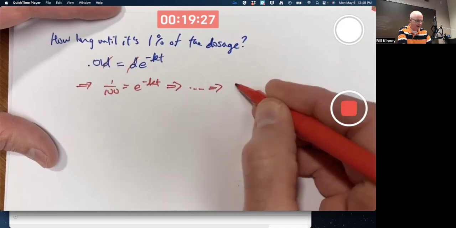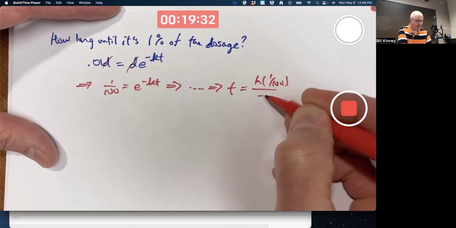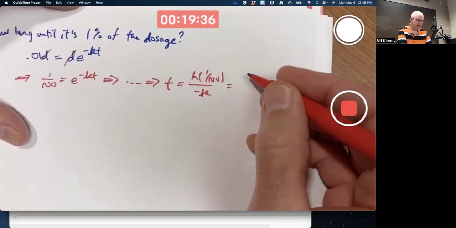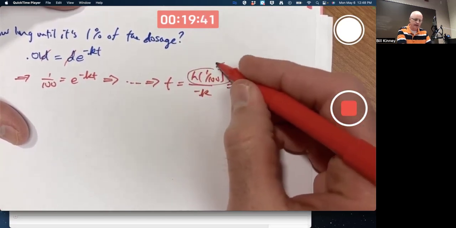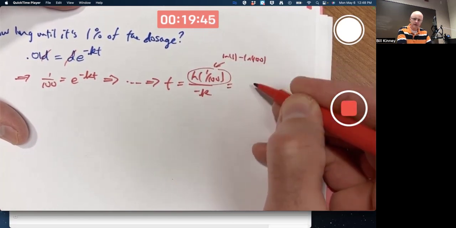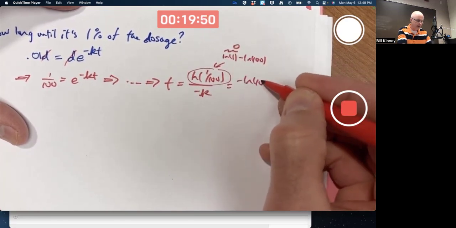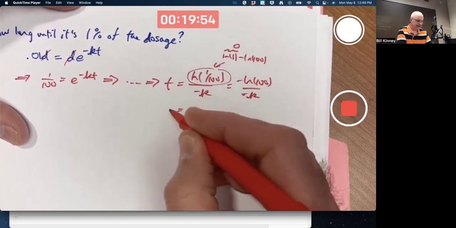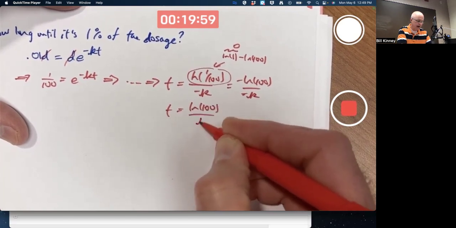Divide both sides by negative K. T is going to be ln of 1/100 divided by negative K. Once again, we can use a property of logarithms to say that this is ln of 1 minus ln of 100. And that's a 0. So this becomes negative ln of 100 over negative K. And then the negative signs cancel, and T will be ln of 100 divided by K.